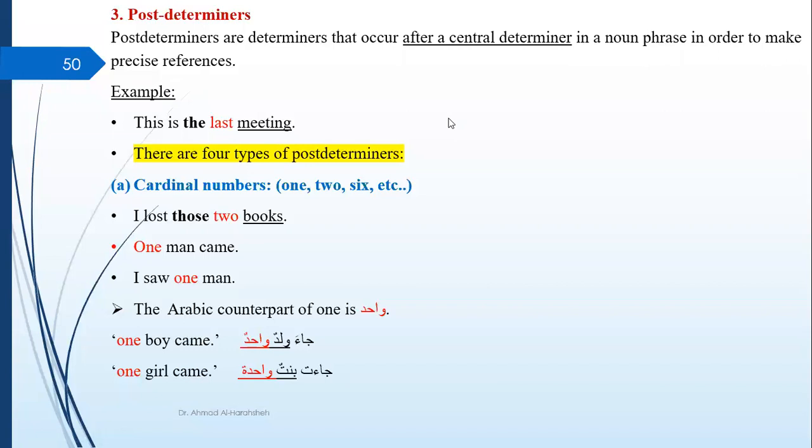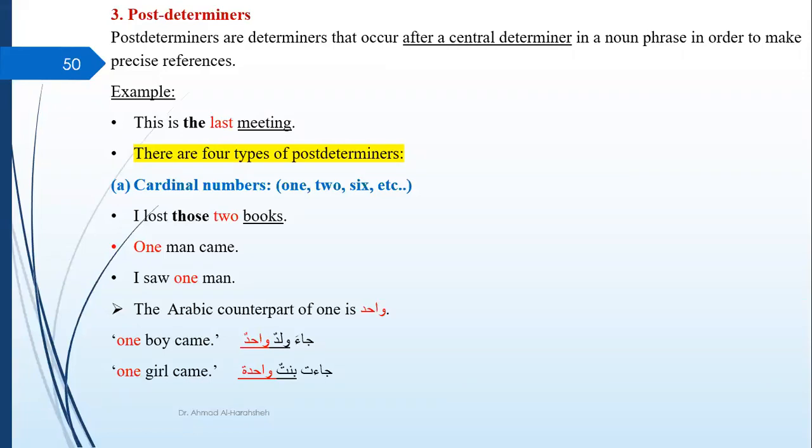Post determiners are determiners that occur after a central determiner in a noun phrase in order to make precise references. So the purpose of determiners in general is to make precise references. If I ask you, what is the function of determiners in general?